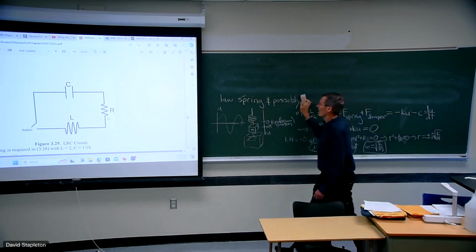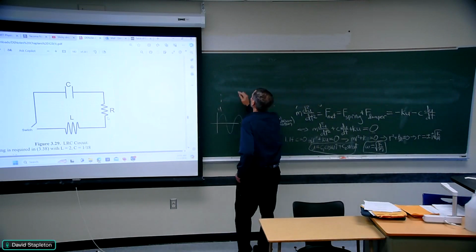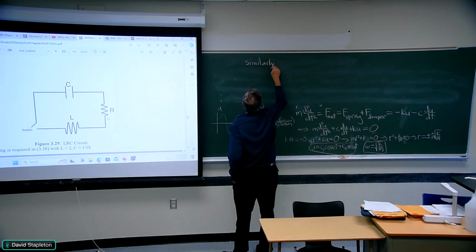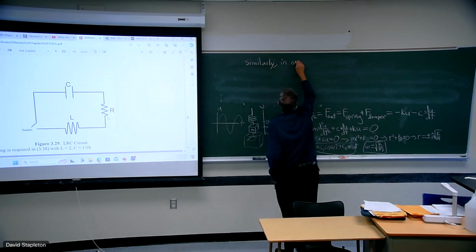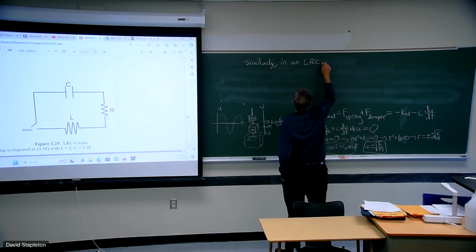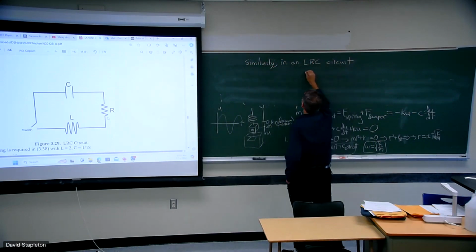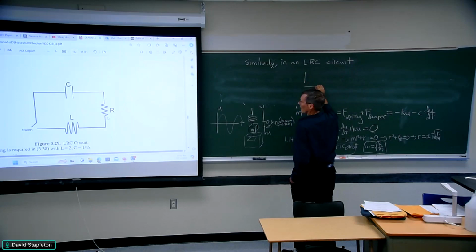So similarly, in an LRC circuit in electronics, I'll put a switch on here. You don't need the switch, but let's say I put the inductor down here, which is a coil of wire.